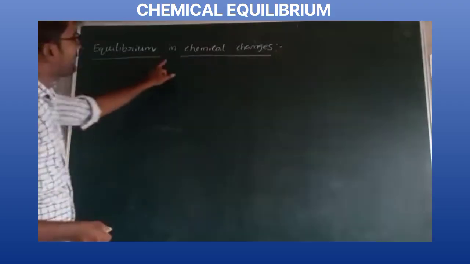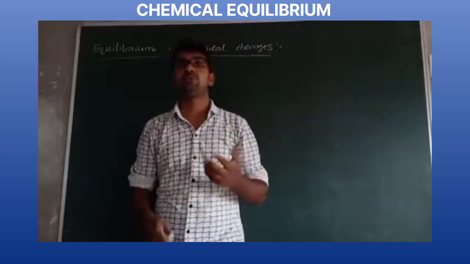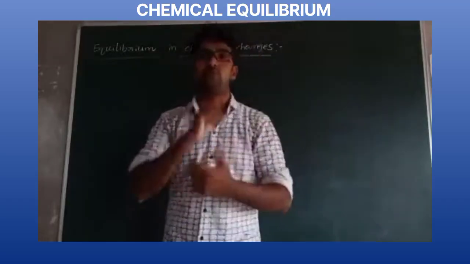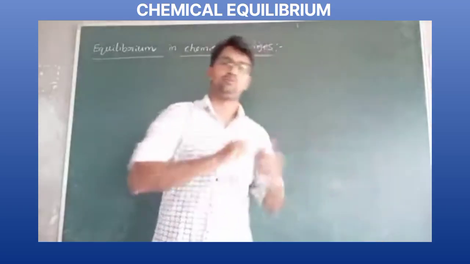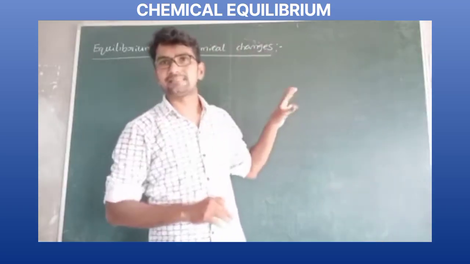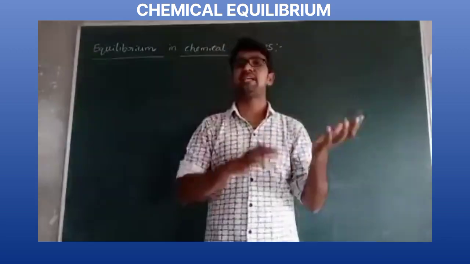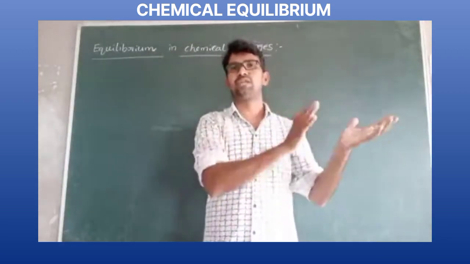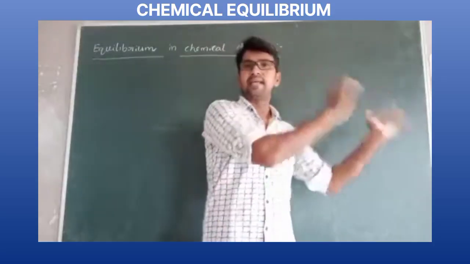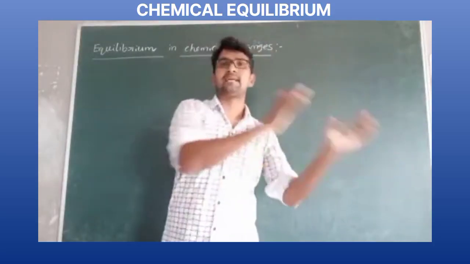Next one, equilibrium in chemical changes. Chemical changes means we take chemical compounds, and that chemical compound is converted into another chemical compound. So those are not physical changes. Physical changes means just a change of state: solid converted to liquid, liquid to gas, gas to liquid, liquid to solid, or gas to solid.